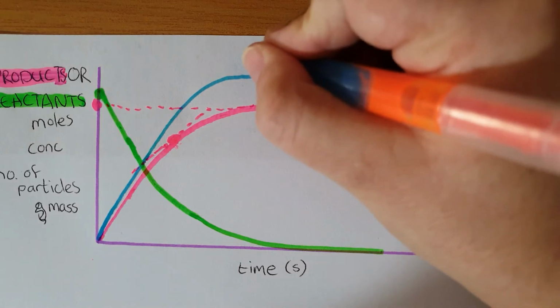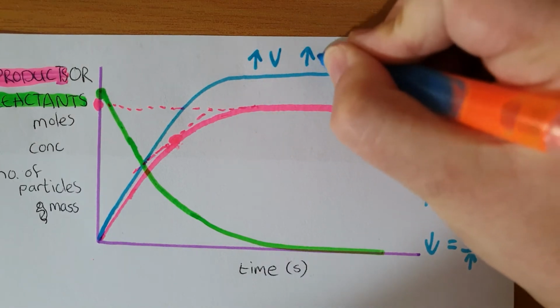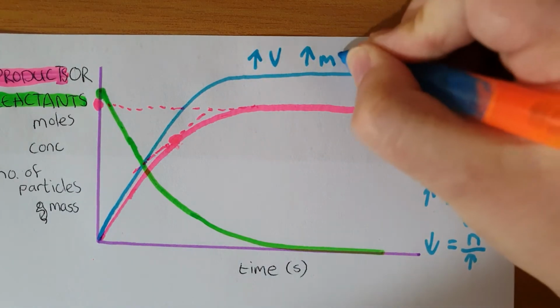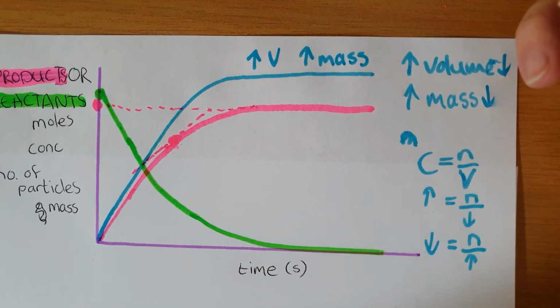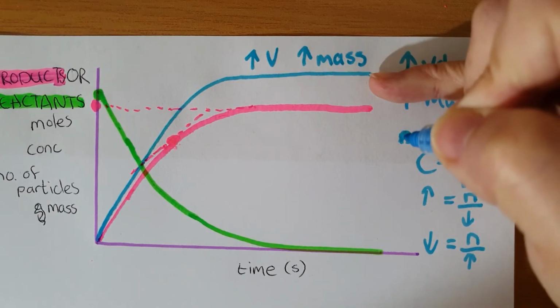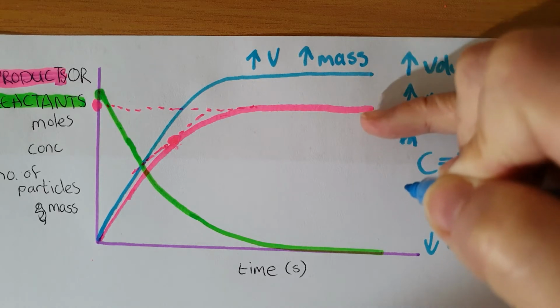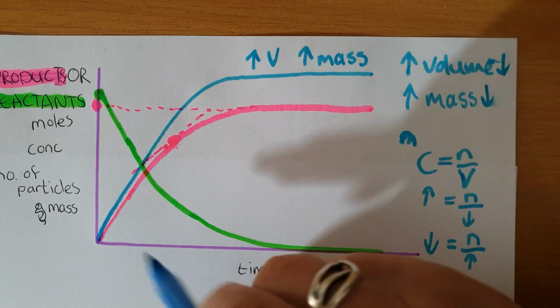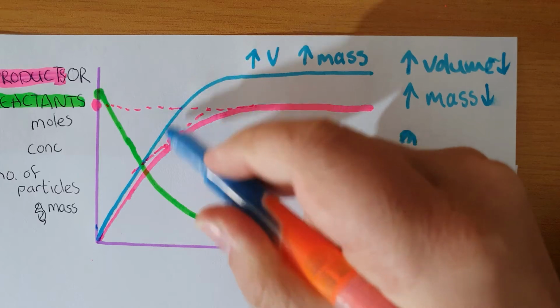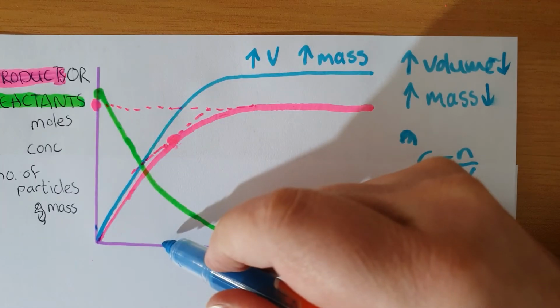So this is with an increased volume or an increased mass. Let me just put mass there so you don't get confused. Not concentration. If you are only increasing the concentration, you're going to land up on the same spot here, but you're going to have a steeper curve and you're going to reach the flat line sooner.